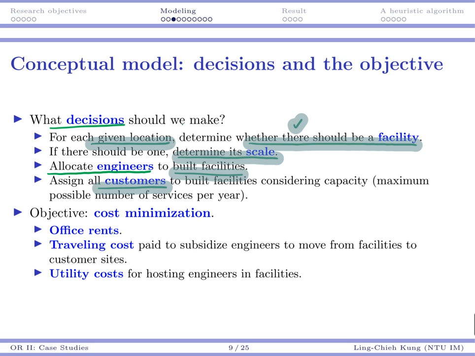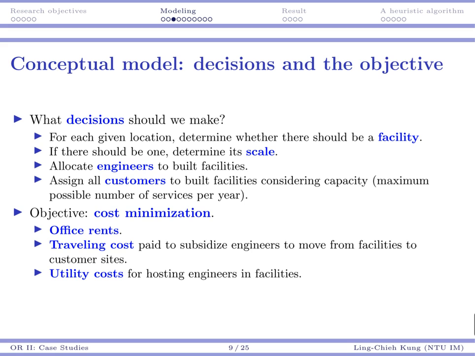So in this particular case, we are doing 4 kinds of decisions. Or you may say our decisions are 4-dimensional. We need to decide whether to build a facility, its scale, we need to allocate engineers, and we need to assign customers.